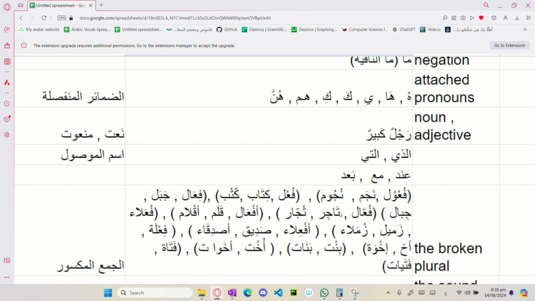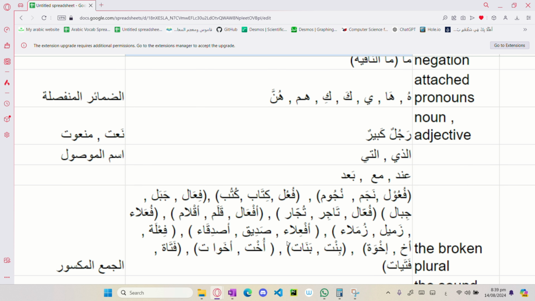Fu'al, so an example could be Tajir and Tujjar. Af'al, an example is Aqlam, of Qalam. Fu'ala, an example is Zumala, of Zamil. Af'ila, an example is Sadiq and Asdiqa. Fi'la, Akh or Ikhwa, so brother and brothers.